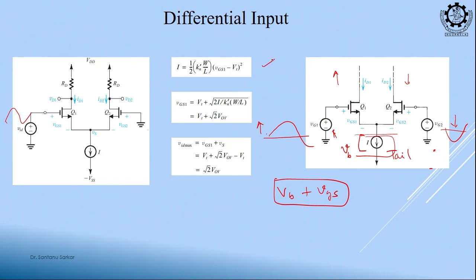Now, this equation remains the same, only one equation: I is equal to half kn' W by L (VGS minus VT) squared. That is the advantage of the MOS circuit, only one equation. If you know this current equation, the rest of the calculation you can derive from this only. Whatever gm, whatever VOV, whatever Vout, all from only one equation. If you know this current equation you are done.